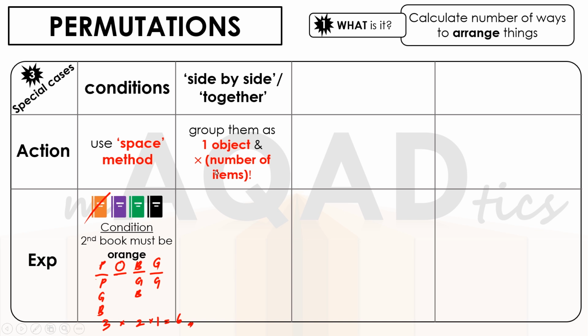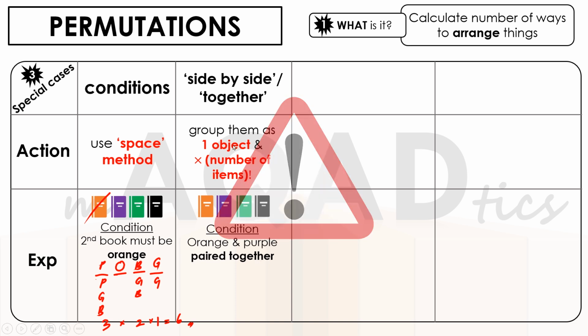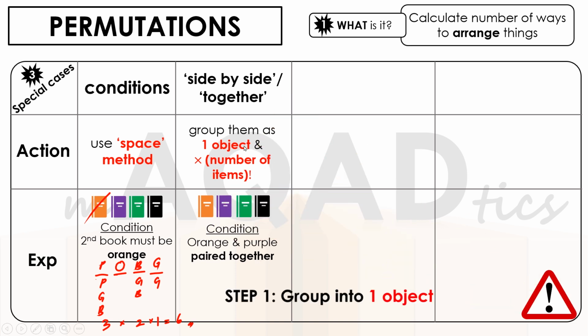So let's say we have the same books, and we need to pair the orange and purple book together. So now we do the first step, group the objects which are paired together. Let's assume that these 2 books become one big book, meaning becoming one object.